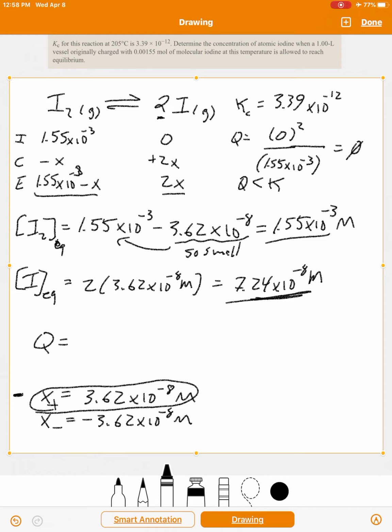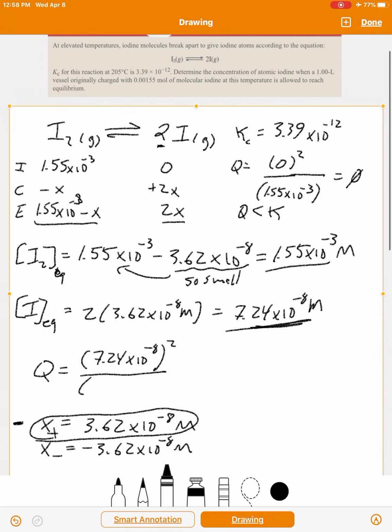Is this going to be equal to K? Well, you would put in the concentration of atomic iodine that you just calculated and square it, and then divide that by the concentration of the molecular iodine. You check it and see what you get.